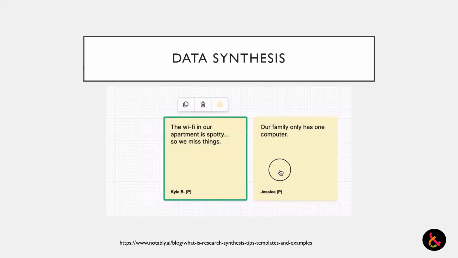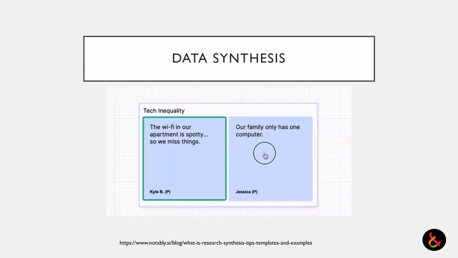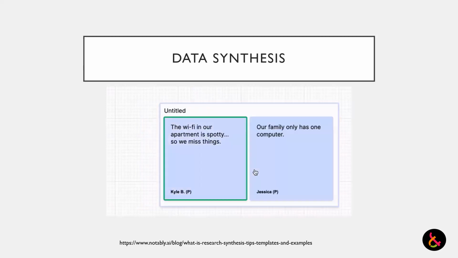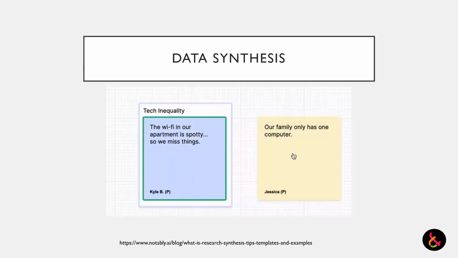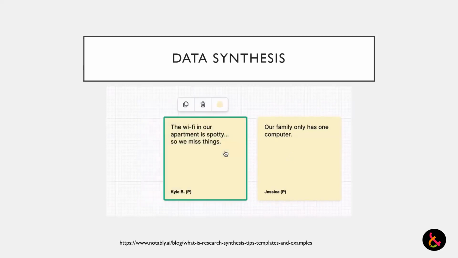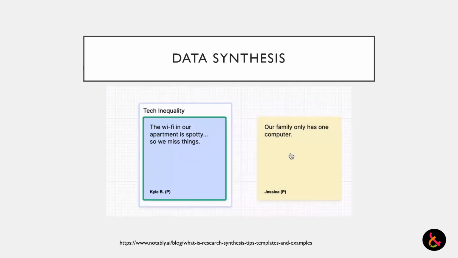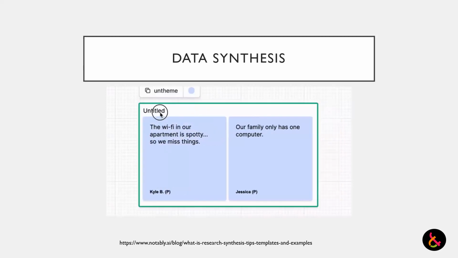Our family has one computer, and then they have stated a different one, Kylie. But then how you are doing this data synthesis is based on writing a statement, taking an inequality that tells you the answer of these two. That's how you can synthesize your data based on the data extraction that you have found from the papers.